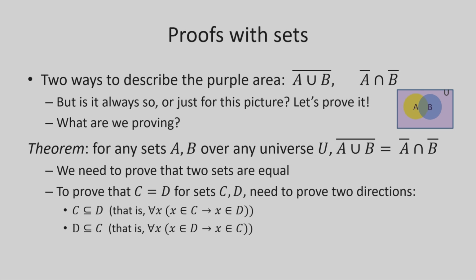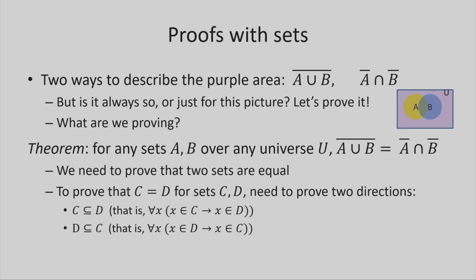In particular, let's prove a simple theorem that says the following. The purple area on this picture can be described two ways. One of them is to say you take a union of A and B, and the purple area is everything that's not in this union.